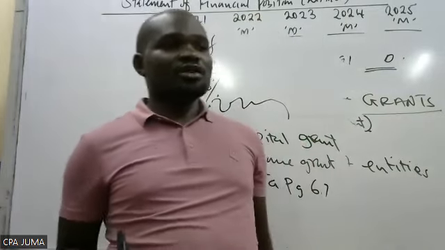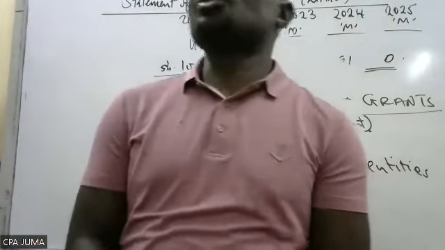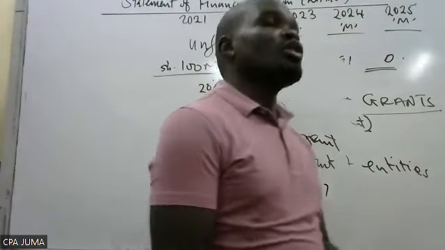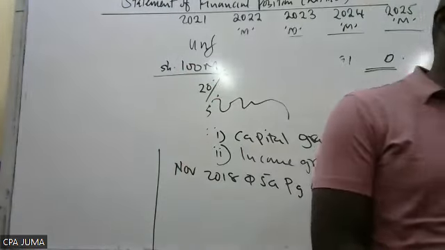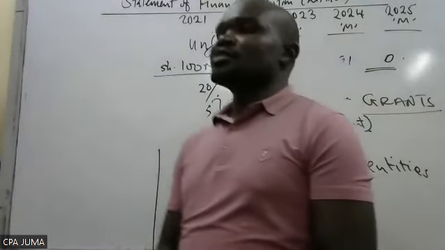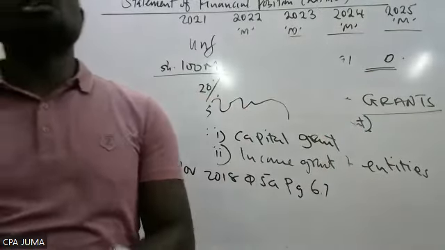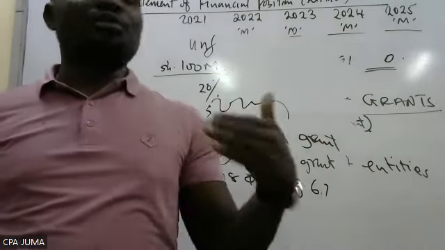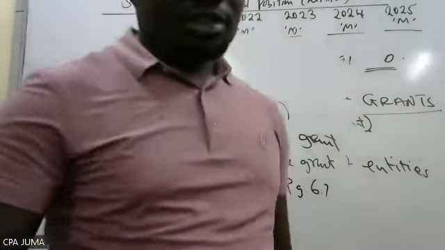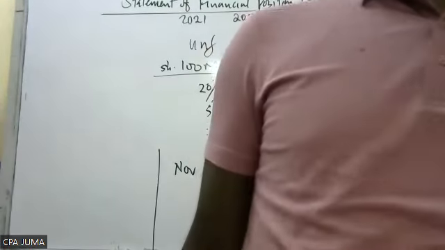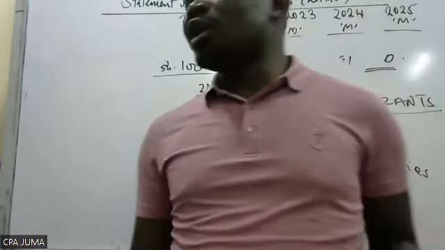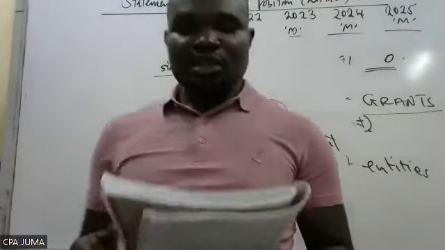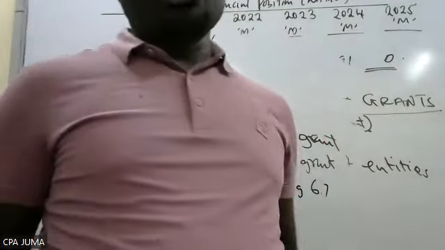For example, a grant to construct a bridge. But income grant is recognized in the statement of profit or loss and should not be offset against the cost of the asset, e.g. a grant to offset administrative expenses. Let's check this question. Just read those notes. I know they will bring government grant one of these 5 days. And if they bring computation, this is the one they will bring.